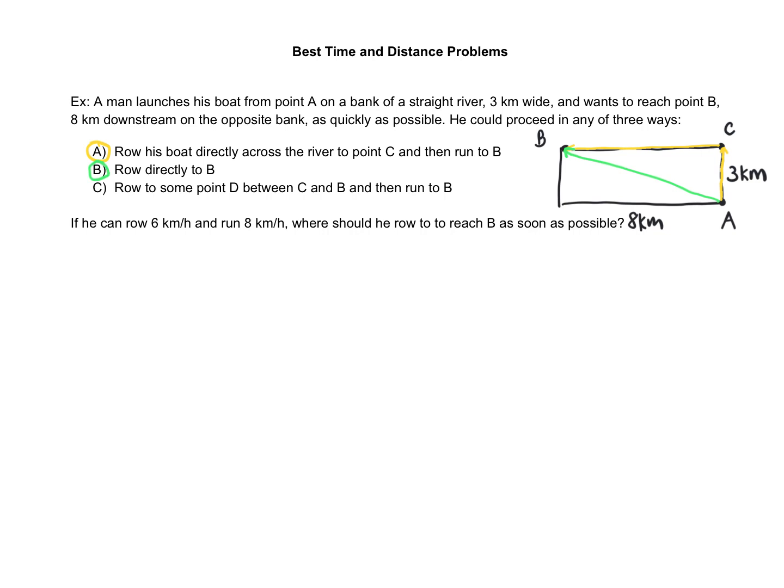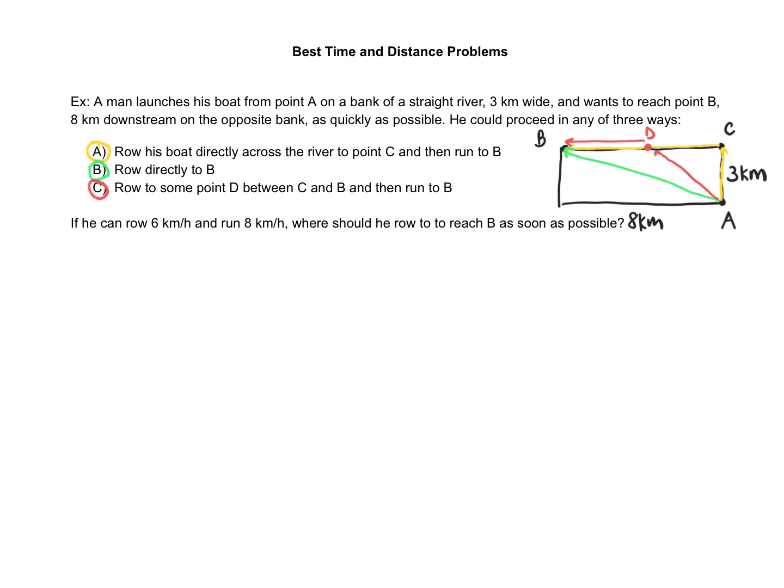And option C, row to some point D. So let's say this is D here. Row there and then run the rest of the way to point B. If he can row 6 kilometers per hour and run 8 kilometers per hour, where should he row to reach B as soon as possible?